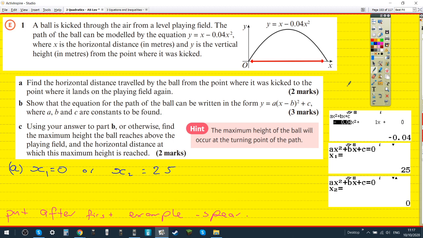So would 25 be one of the constants? Well, that part of the equation. No. What format is this? Is that complete the square? Mm-hmm.